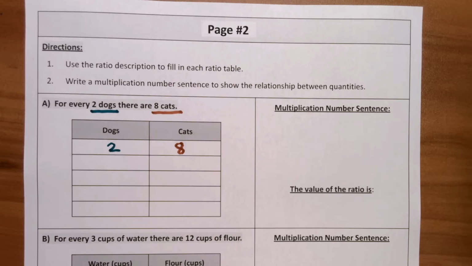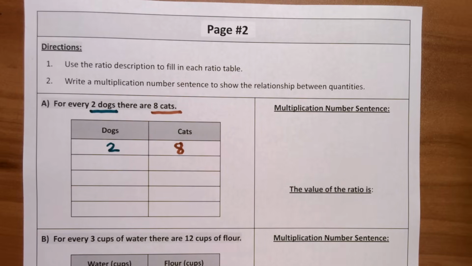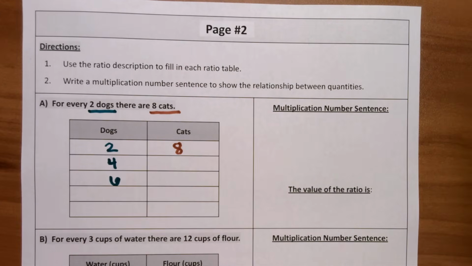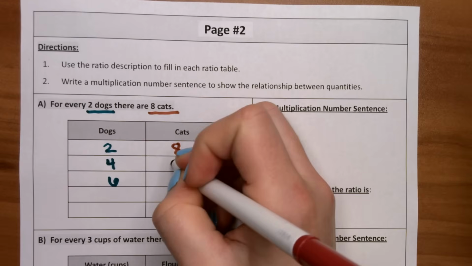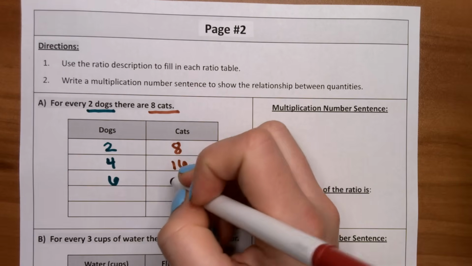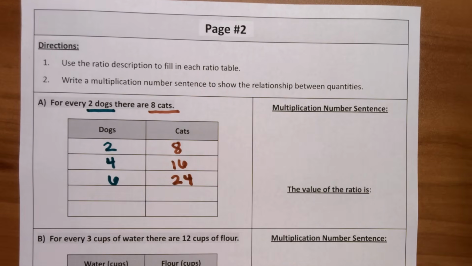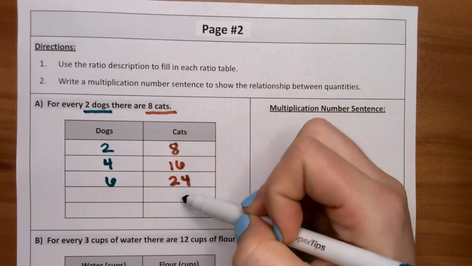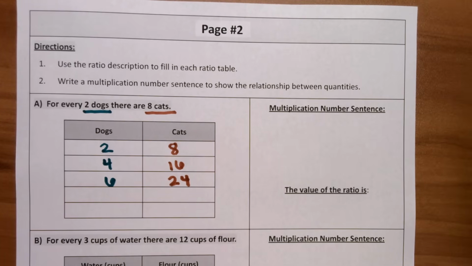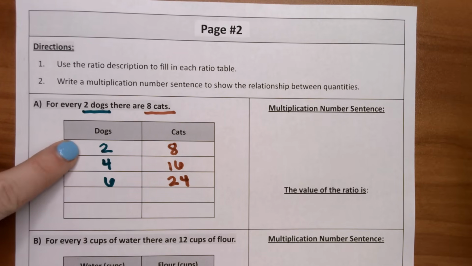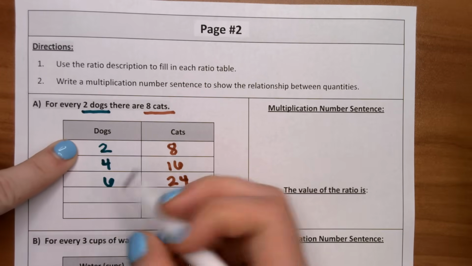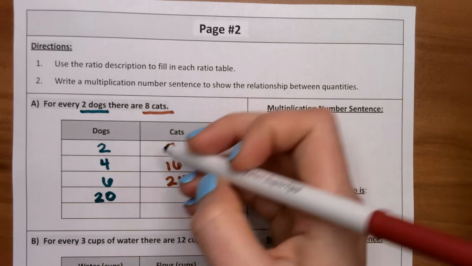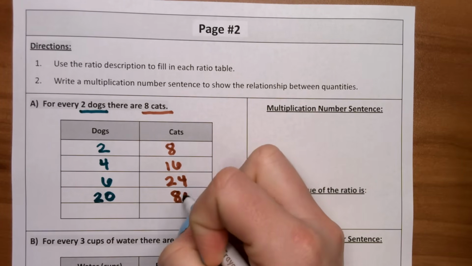So remember, ratio tables don't have to go in order. Some ways you could have filled this in is like this. You could have had 2 to 8, 4 to 16, 6 to 24. You could have also continued down and had 8, 10 on the dog side and 32, 40 on the cat side. Or we could take dogs, multiply 2 times 10 and get 20, and 8 times 10 and get 80.